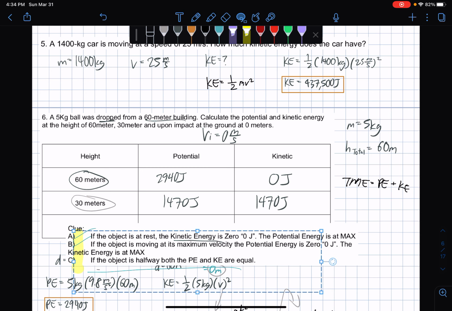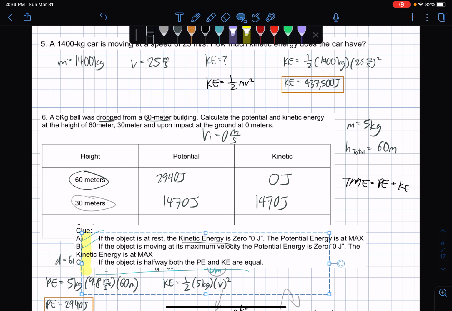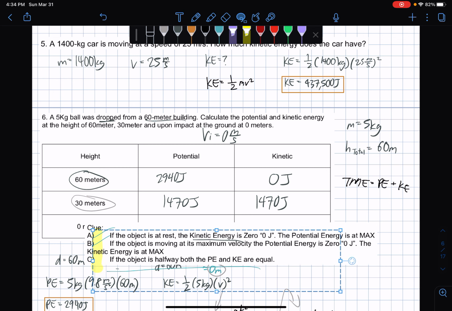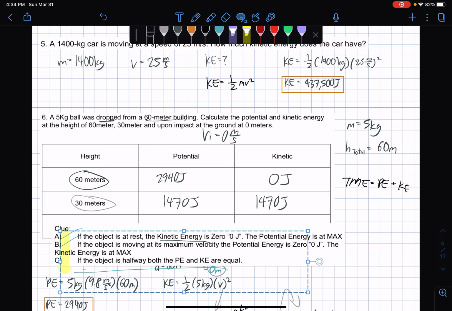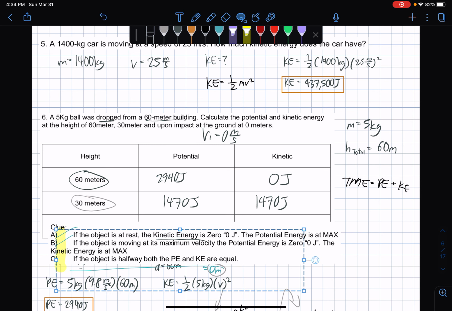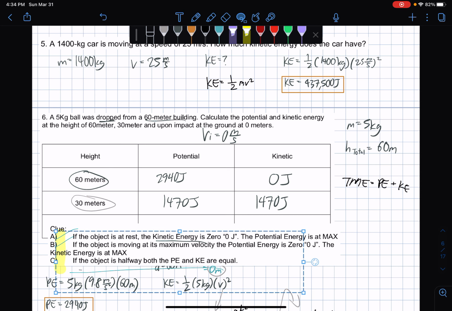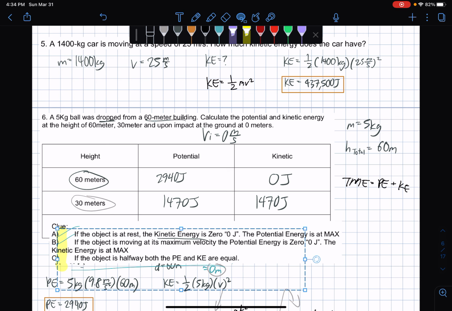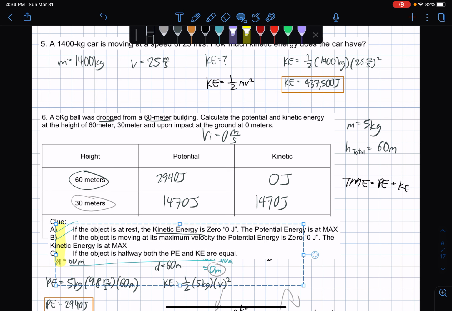Anyways, for statement C in what I'm holding right now, if the object is halfway, then both the PE and KE are equal. So that's what's being reflected in the scenario, provided that the height is 30 meters.